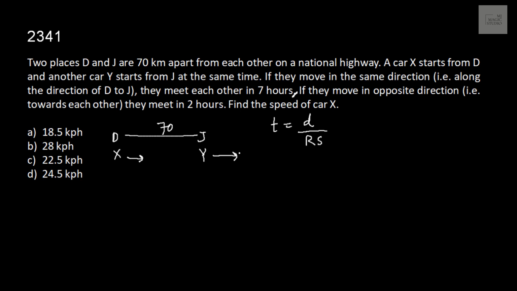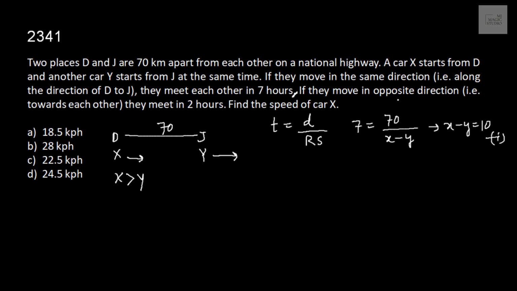Since both are moving in the same direction, relative speed would be x minus y, and obviously x is greater than y. Then only car X would be able to catch car Y. So the first equation would be 7 equals 70 divided by x minus y. That means the first equation is x minus y equals 10.